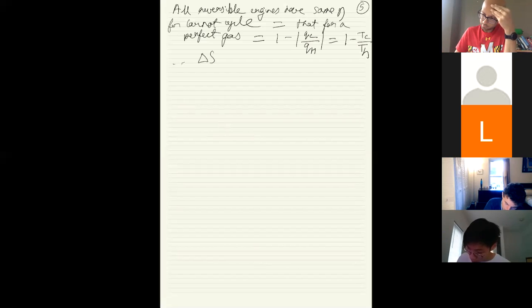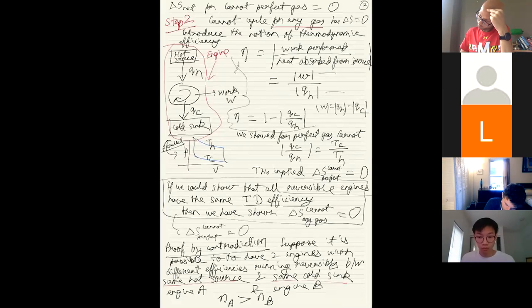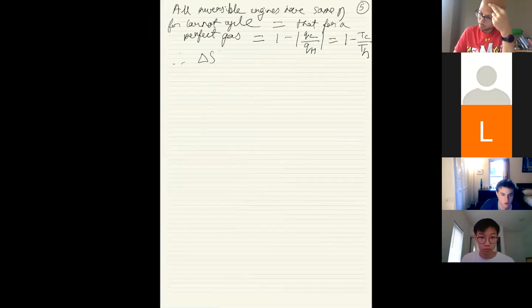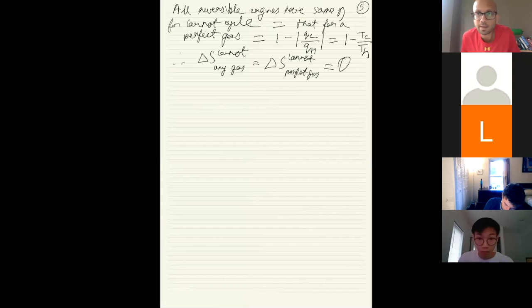Therefore, delta S net, let's write down the notation we had before, delta S Carnot any gas is equal to delta S Carnot perfect gas, equal to 0. So we have just shown that a Carnot cycle for any gas will have entropy change 0.